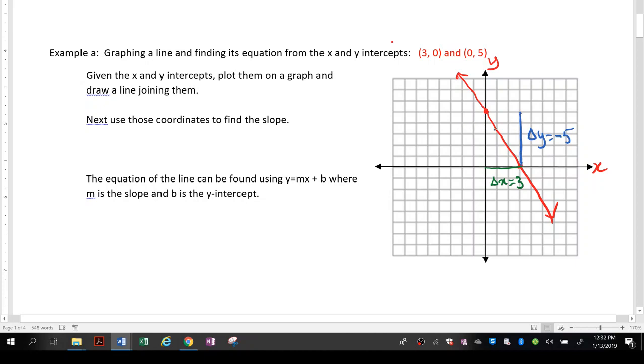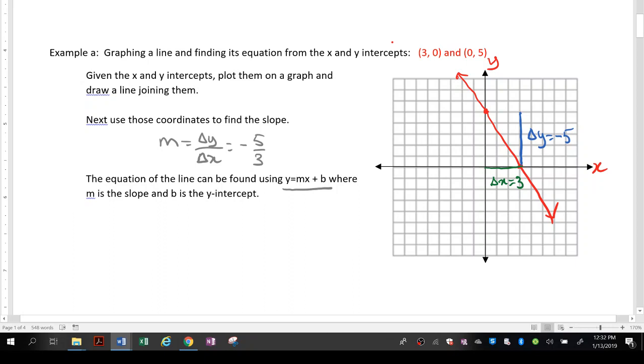As we read this from left to right, our graph is falling. So our change in y here is -5. Our slope, remember, is the change in y over the change in x, which in this case is -5/3.